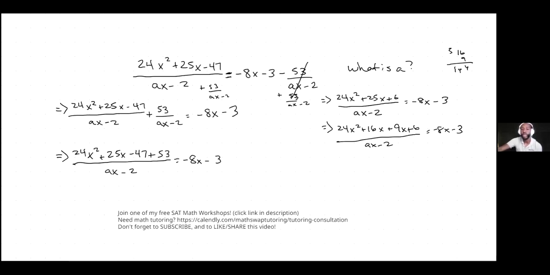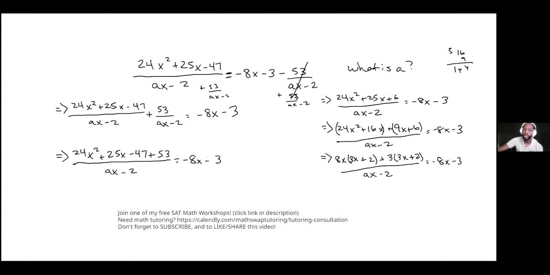So now what we can do is put parentheses around these. In this group, you can factor out an 8x. So it's going to be 8x times 3x plus 2, plus, now I can factor 3 out of each of these, 3 times 3x plus 2, over ax minus 2 equals negative 8x minus 3.